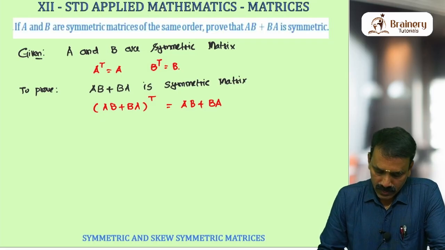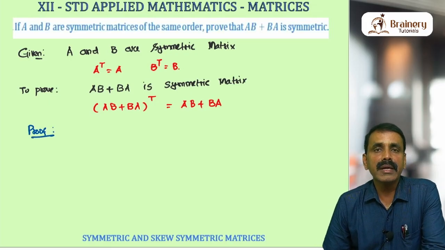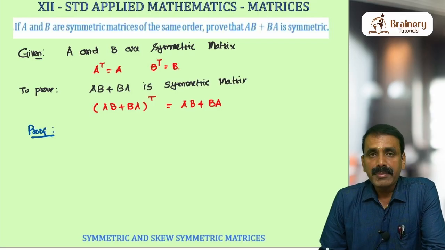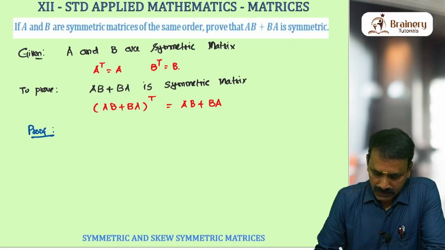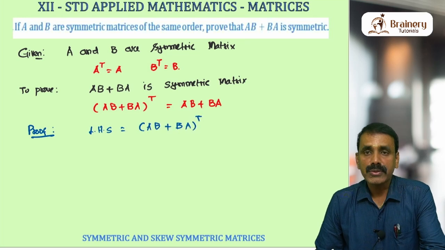How are we going to prove it? If we know the basic concept of transpose of matrices and symmetric and skew symmetric matrices, we can easily prove that AB plus BA whole transpose is equal to AB plus BA itself. So we start with the LHS. What is your LHS? AB plus BA whole transpose.